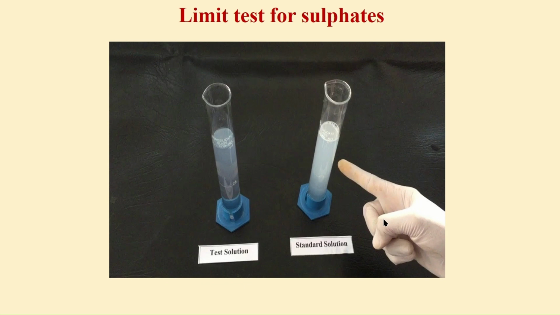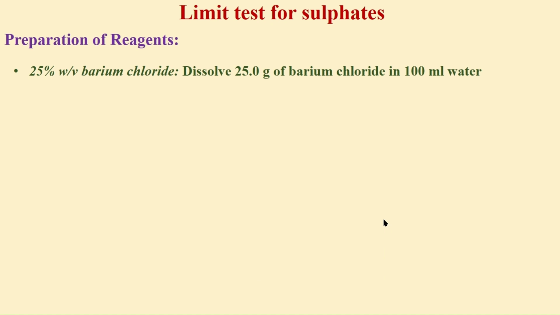Now let us look into the preparation of the various reagents used in the limit test for sulfate. How do we prepare the reagents? 25% barium chloride we prepare. 25% weight by volume means how much weight is present in the prescribed volume.